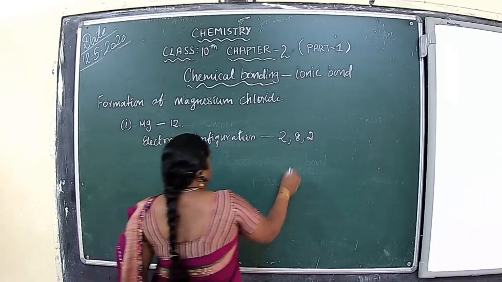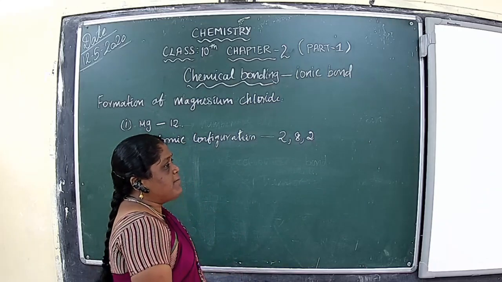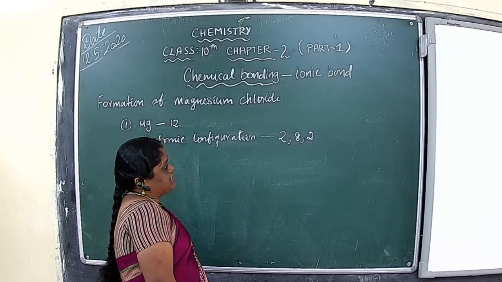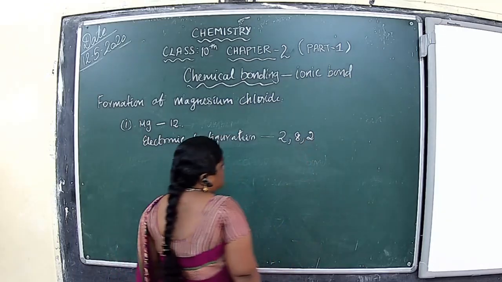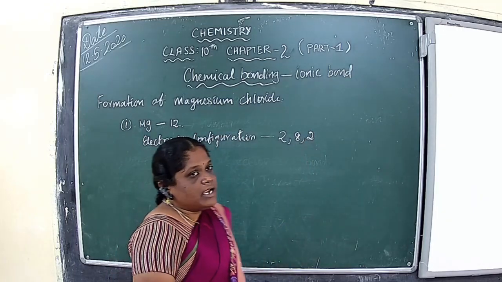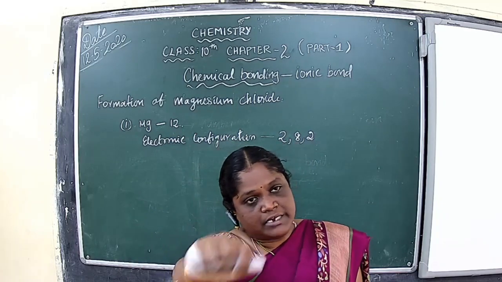To attain the stable electronic configuration, it should lose the 2 electrons. Then only it attains the nearest noble gas configuration.